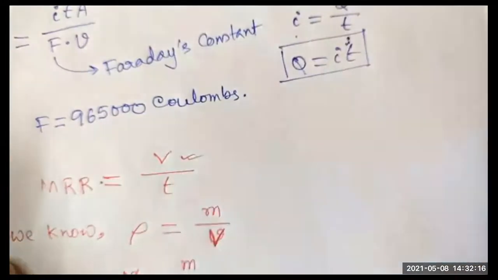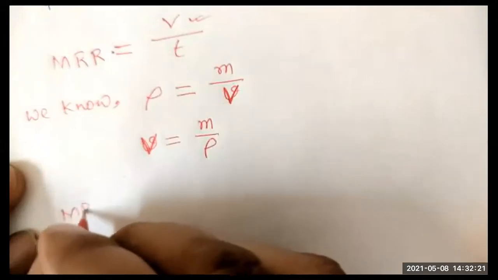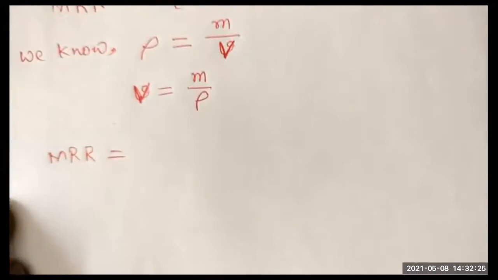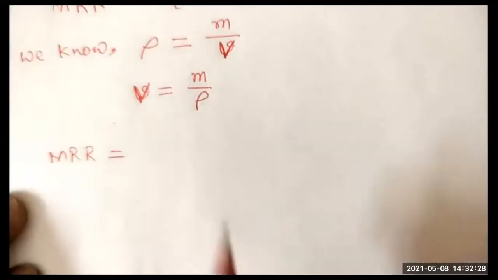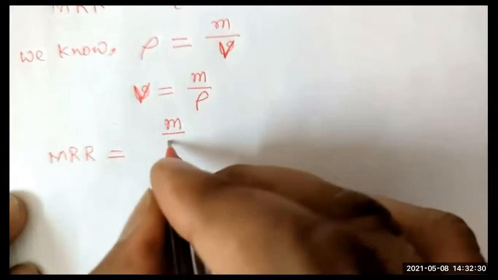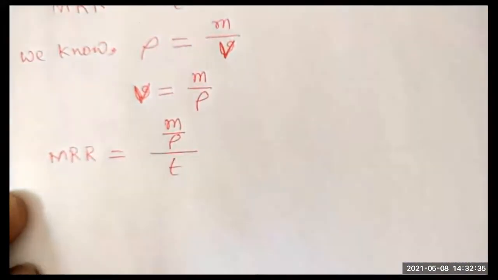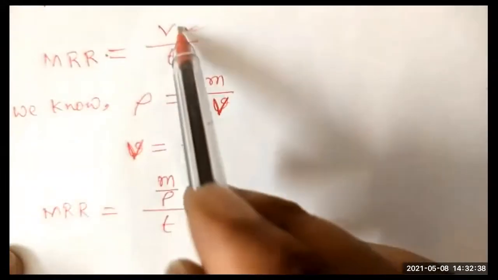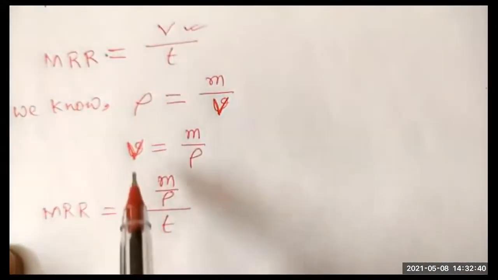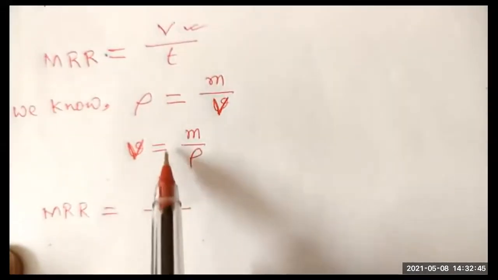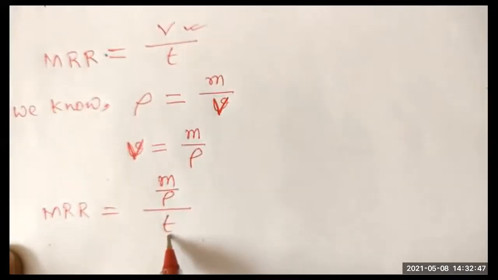So here we will put M by rho. So finally, MRR will become equal to M by rho divided by T. Okay. So here in place of V, we have put this value, and then we have found MRR is equal to M by rho divided by T.